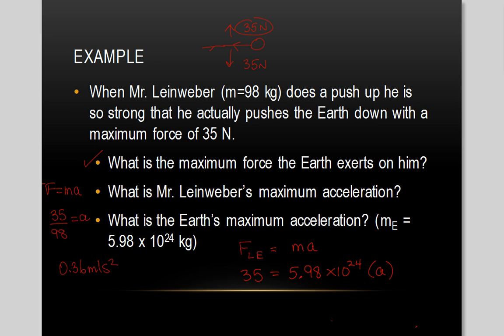So when you divide that out and you solve for a, you get 5.9 times 10 to the negative 24 meters per second squared down, which is basically 0. That number is essentially 0. It's so small it's not even a value.